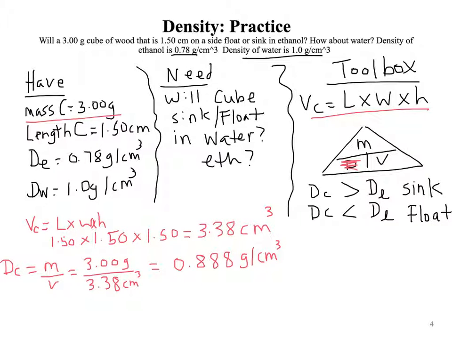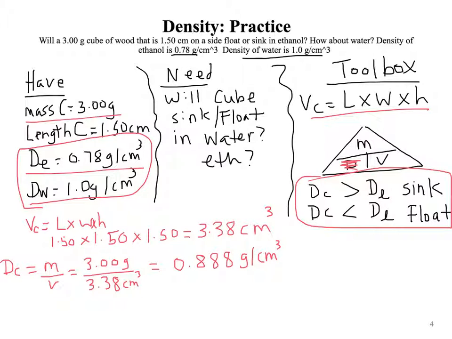Now I can compare my density of the cube with the density of the liquid that they give me. So let's do that, and I'm going to change colors to blue. Here I'm going to write density of my water.